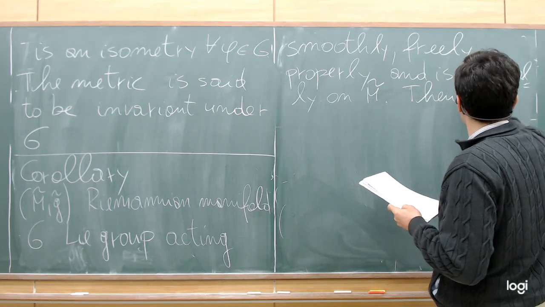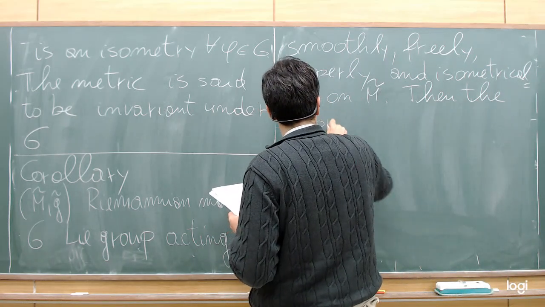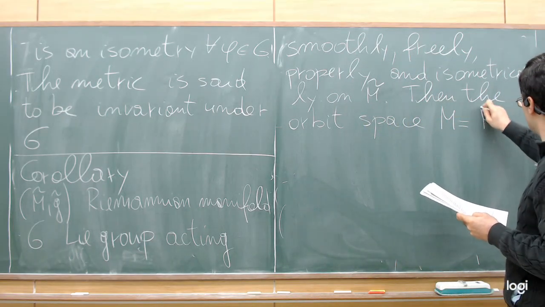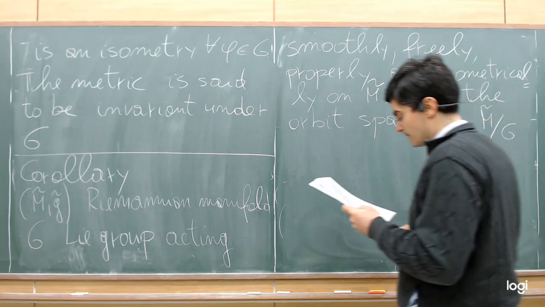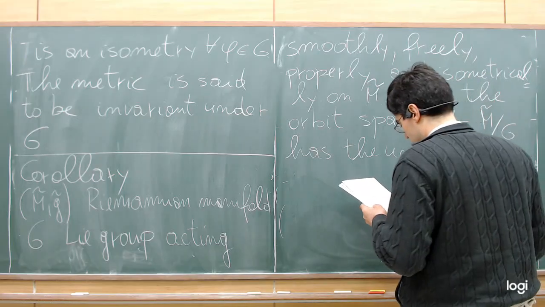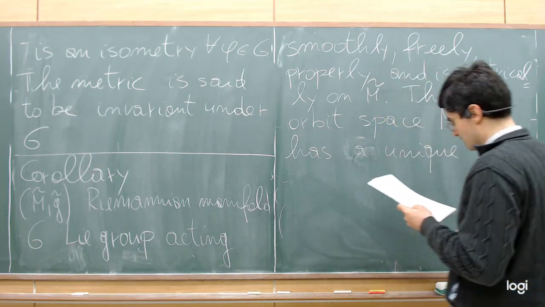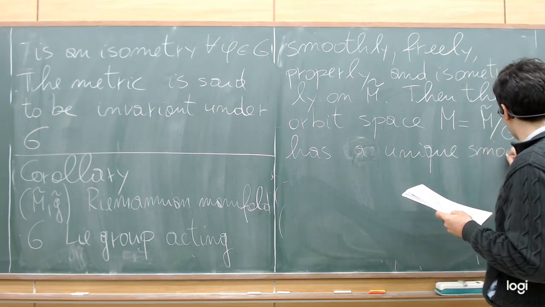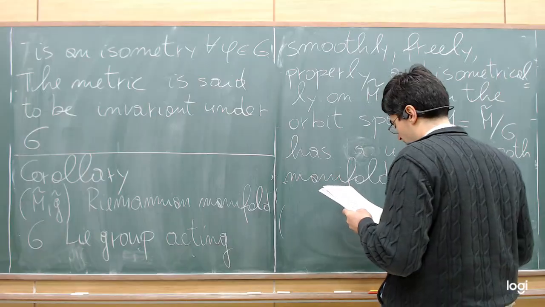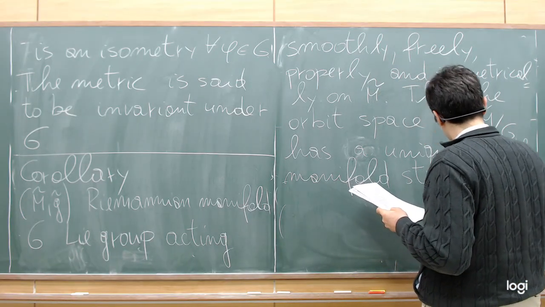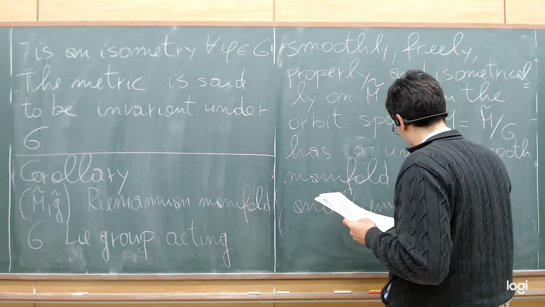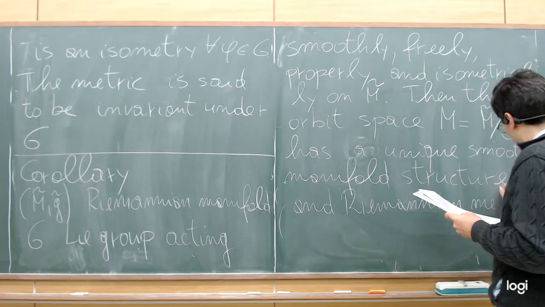Then the orbit space M given by M tilde over G has a unique smooth manifold structure and Riemannian metric.